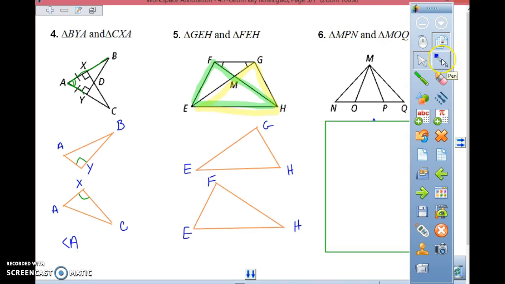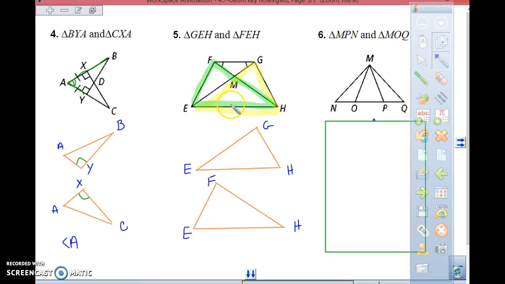It might help to redraw. For me, highlighting helps me see that EH is yellow and green. Down here with our vertices, this side is EH, this side is also EH. So sometimes it's helpful to redraw and sometimes it's not. So the overlapping side would be side EH.